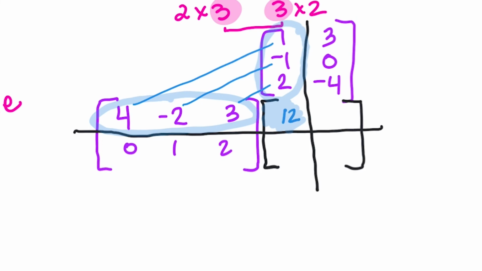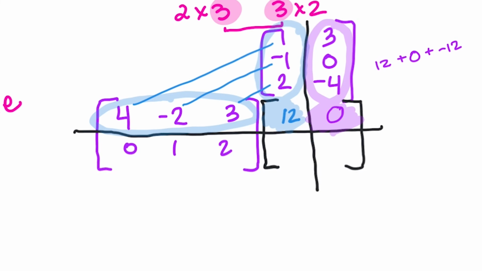So you had 3 things to multiply on that one, whereas the last one we were just looking at 2 at a time. Now the next entry over, we'll be looking at the second column with that same row. So 4 times 3 is 12, and you can write the numbers off to the side to keep track if you would like. -2 times 0 is 0, and then 3 times -4 is -12. So we actually will add those and get 0 for that entry.